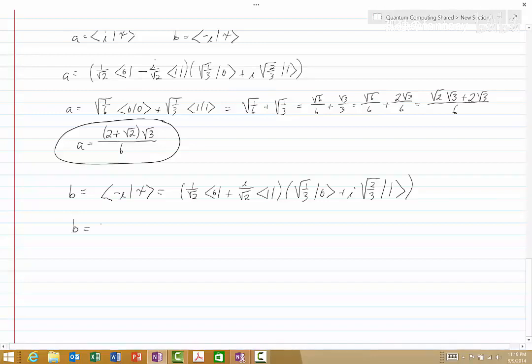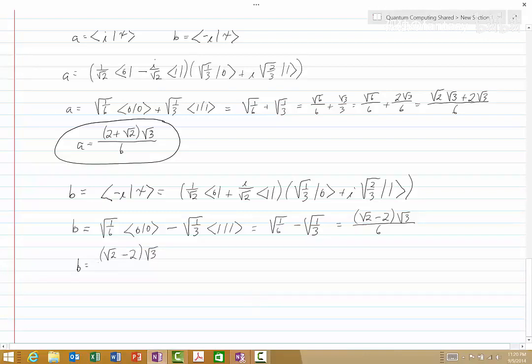So we get square root of 1/6 then minus square root of 1/3 and there would be B.